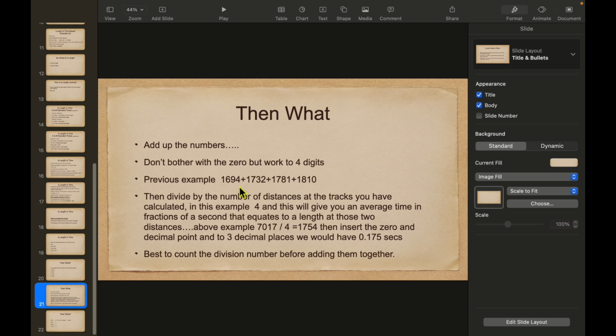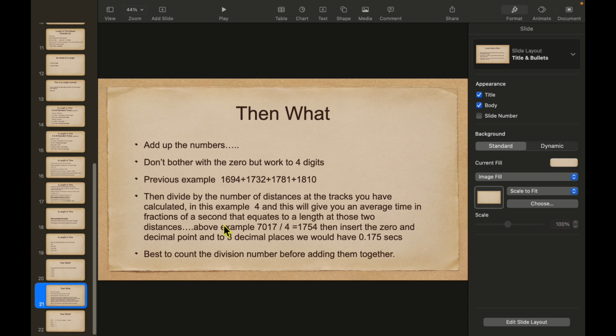So in this example, we would add the total up, which would give us 7,017. We would then divide it by 4, which would give us 1754. After which, we would insert the decimal place, 0 point, in front of it. And we go to the 3 decimal places.